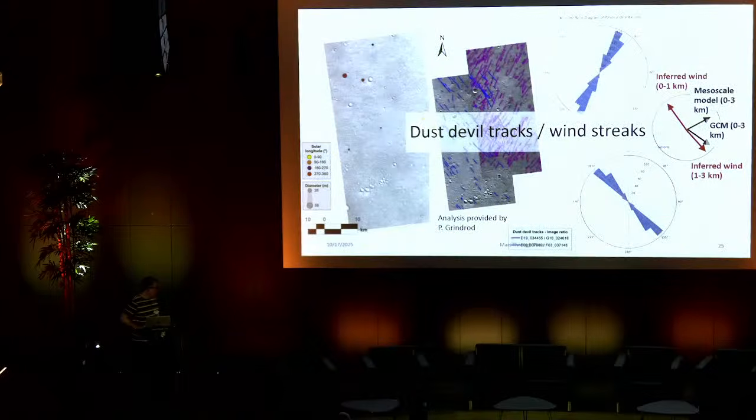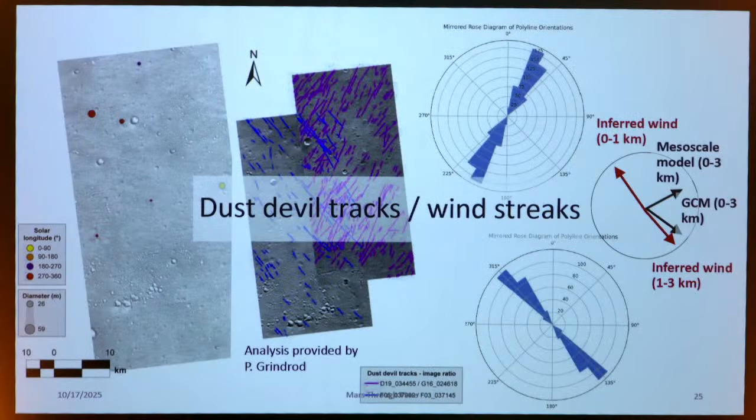So that suggests there's some reworking of the surface at the Beagle 2 landing site. Recently, a co-author on the paper, Pete Grindrod at the Natural History Museum in the UK, has been analysing the dust tracks. We're not actually sure if they're dust devil tracks or wind streaks. But there are two sets of data, and the direction of each set is perpendicular to the other, which isn't really seen at other places on Mars.